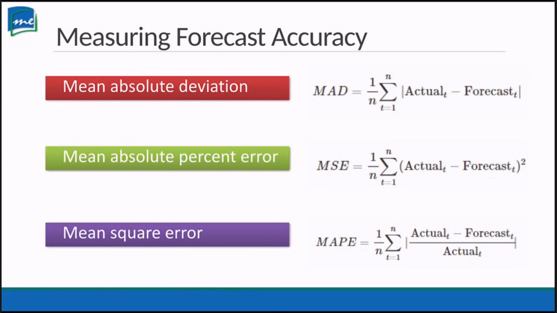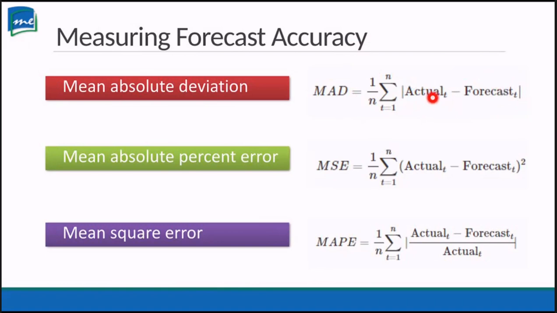Those 3 measurements help us to evaluate the forecast accuracy. And this is the last thing I'd like to introduce. For the mean absolute deviation, what we call the MAD, we compute the forecast errors for each period, and we choose the absolute value of the forecast error.